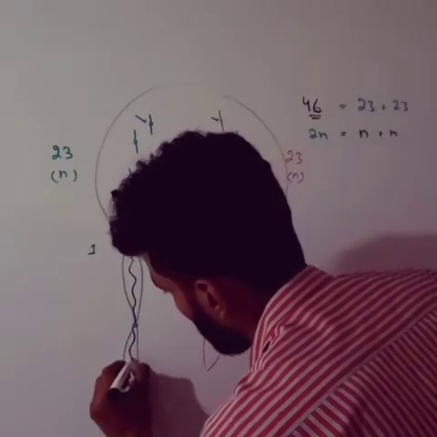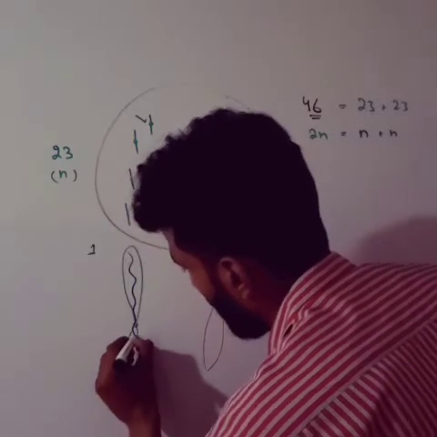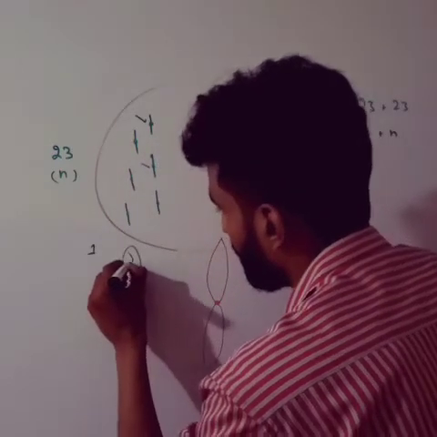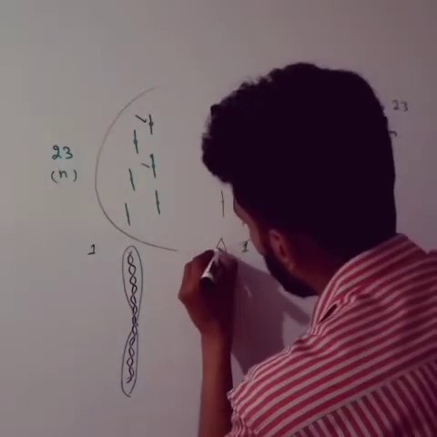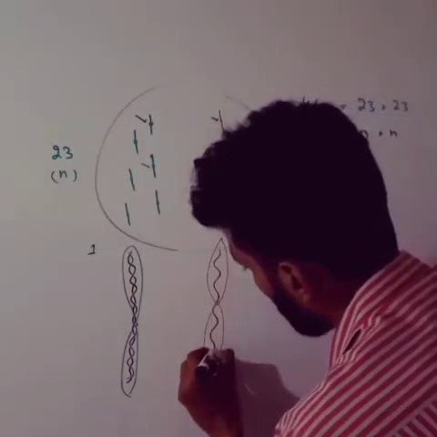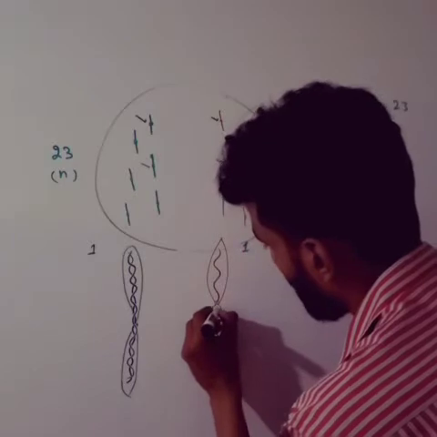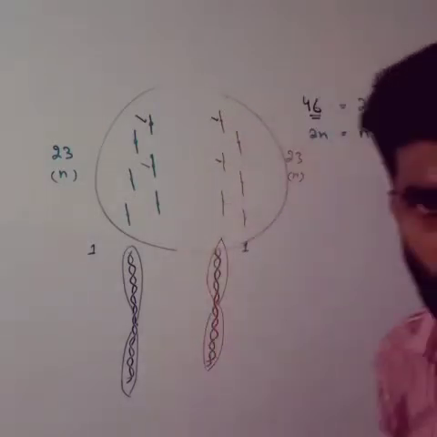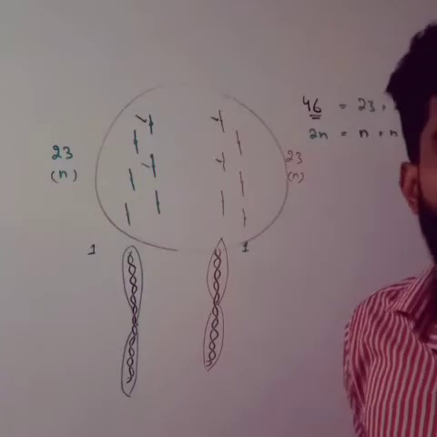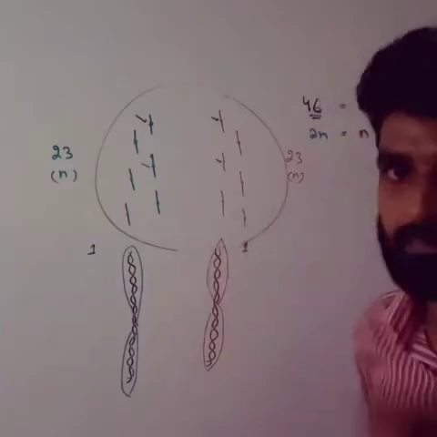So this is a double-stranded DNA present inside the chromosome, and here is a double-stranded DNA present inside the chromosome. We know that chromosomes do have genes.